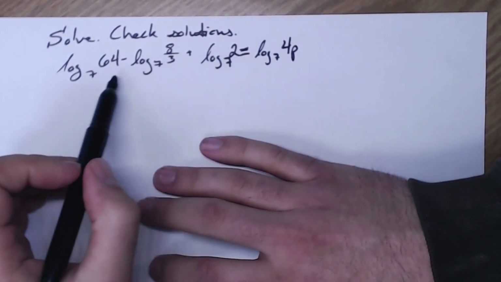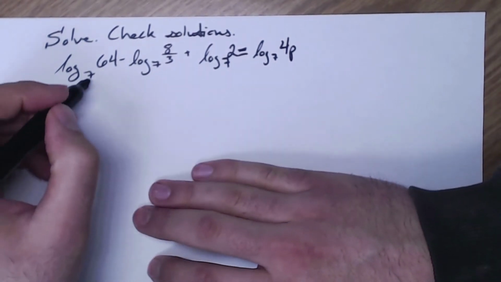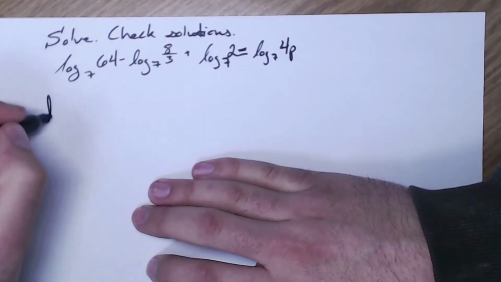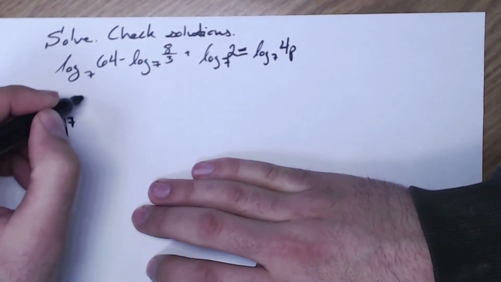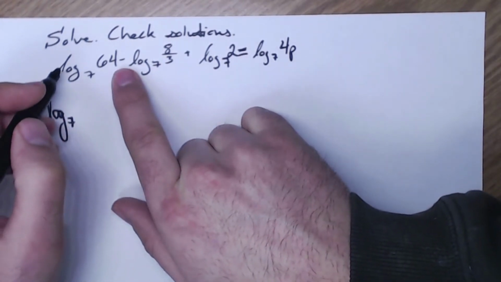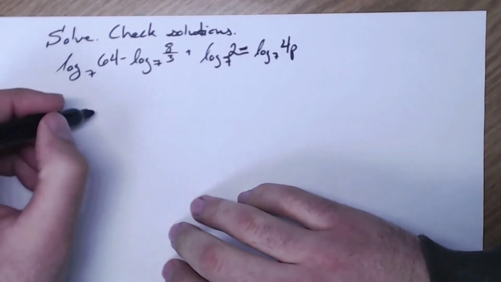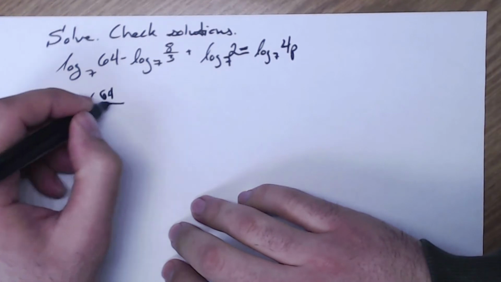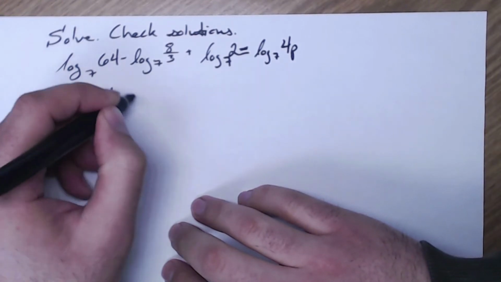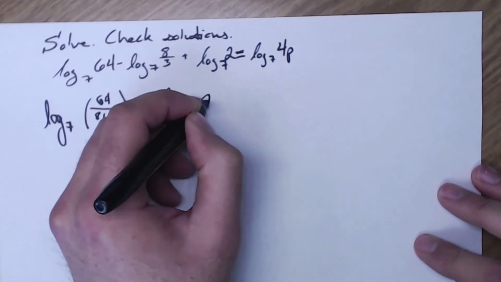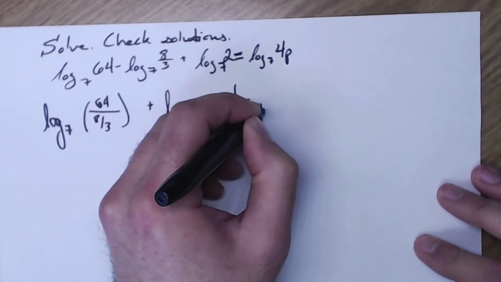We have several things going on the left. Notice though, they're all the same base. They're all log base 7s. So I'm going to start off with just my first two. I have a log base 7 of 64 minus a log base 7 of 8 over 3. So that's going to become 64 over 8 over 3, leaving that log base 7 of 2 off to the side until I simplify a little bit first.